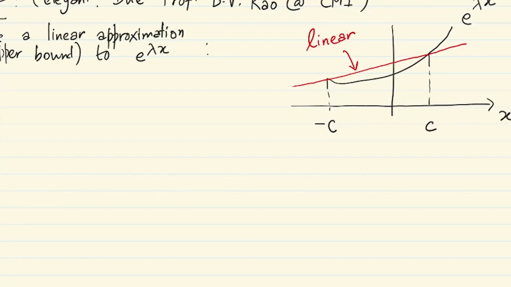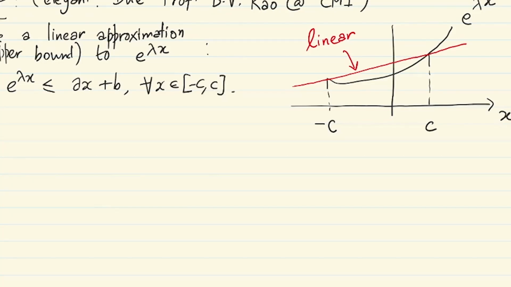So how can we get this linear function? We want the following property for this linear function: e to the lambda x is upper bounded by this function ax plus b for all x in minus c to c.